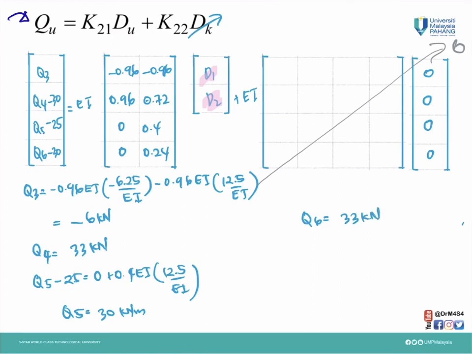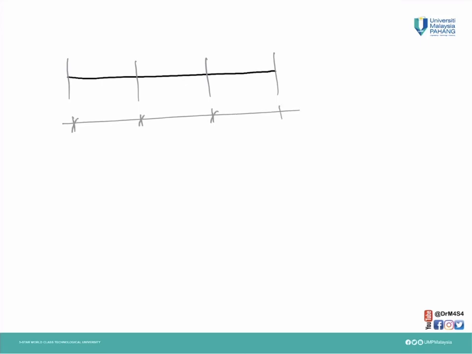Now let's check if your answer is correct or not. You have your beam: 2.5 meter, 2.5 meter, 2.5 meter, 2.5 meter. So at node 3, you're going to have downward 6 kilonewton.